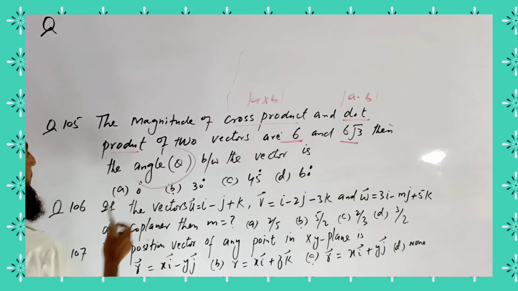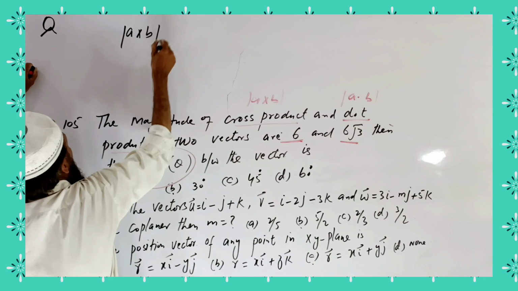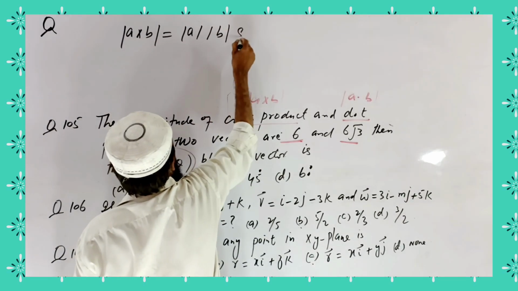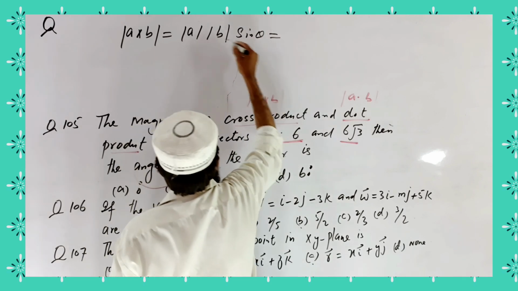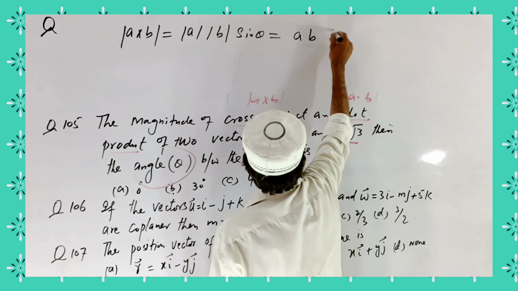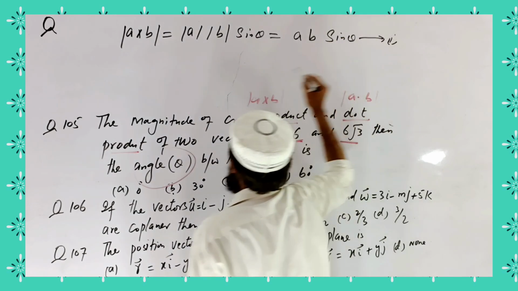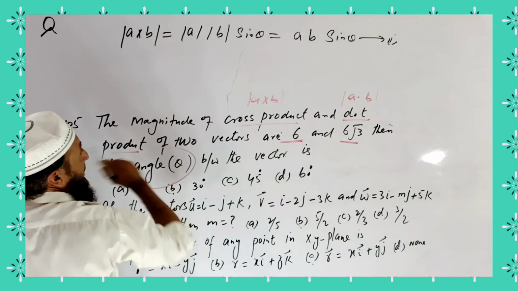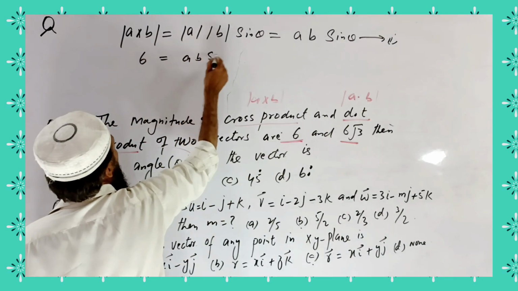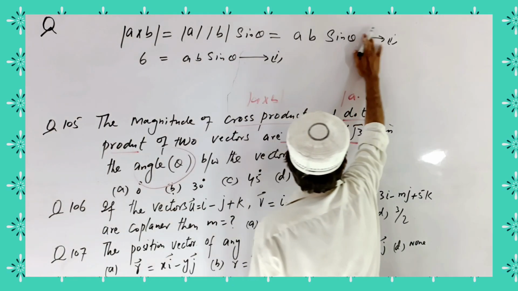So we use the definition: we know that the magnitude of A cross B is equal to the magnitude of A times the magnitude of B times sine theta. We write A for the magnitude of A and B for the magnitude of B, so AB sine theta. We give the name equation number one, and the result given here is 6. Remove this one here.